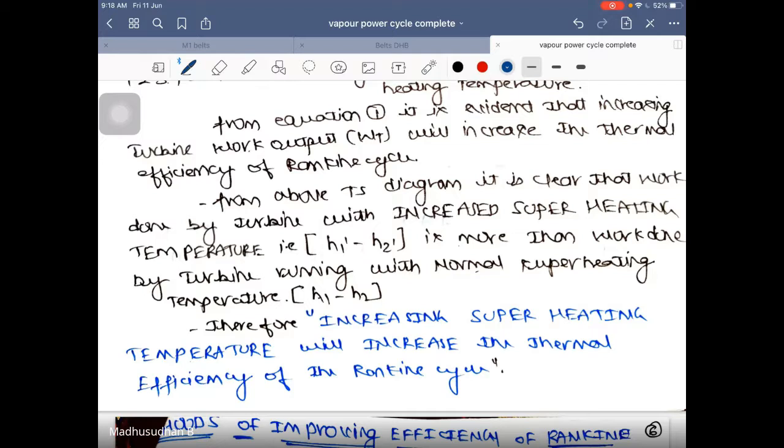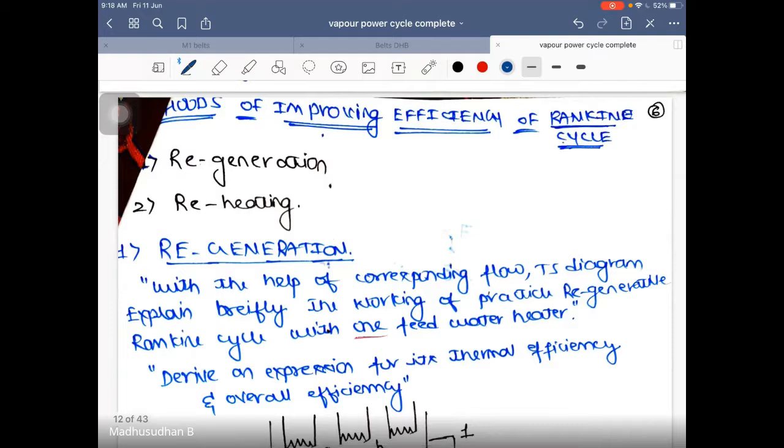Now, how many of you remember regeneration, reheating and intercooling in the Brayton cycle? Yes, the same concepts, the methods through which I can increase the efficiency or the work output of a Brayton cycle, where there were three methods, isn't it?